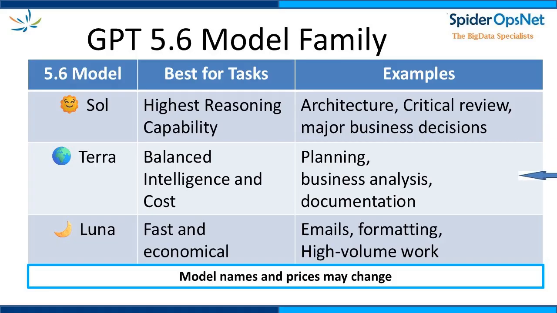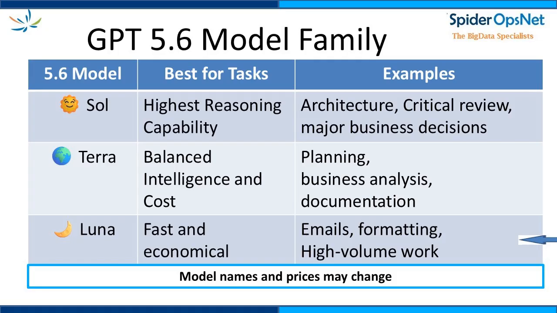Terra provides a balance between capability and cost. It is suitable for much of the professional work performed by managers, analysts, and development teams. Luna is the fastest and most economical member of the family. It is designed for cost sensitive and high volume workloads.